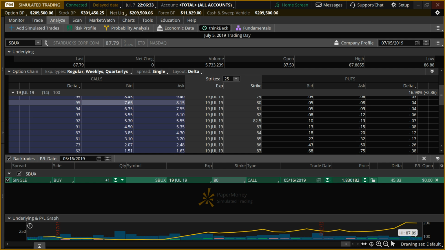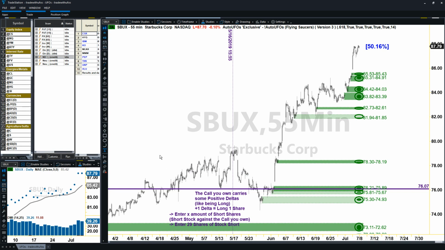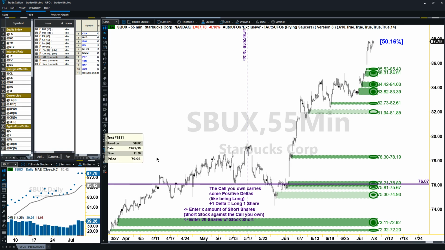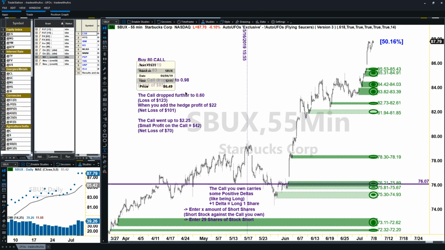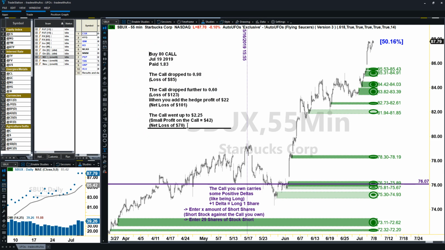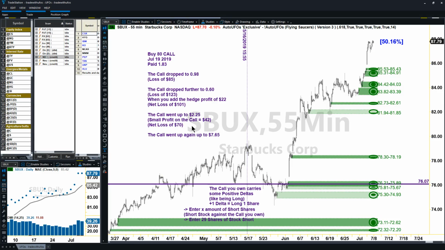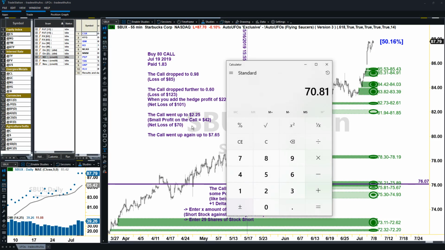So after all this amazing move, the call went up again to 765, if I am not mistaken. Yes, so that will give you a nice profit on the call, which is 765 minus 183, which is how much you paid to buy the call. That's 582.